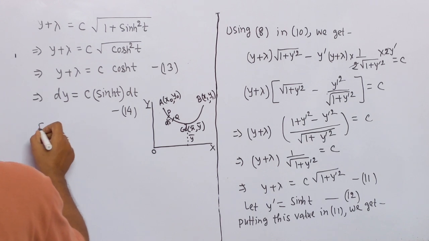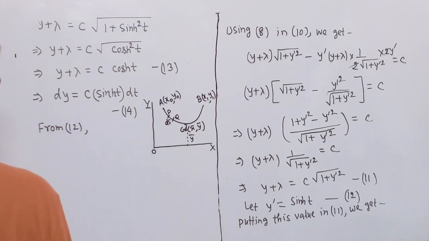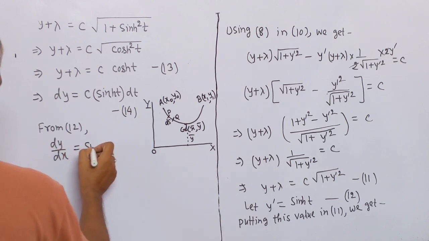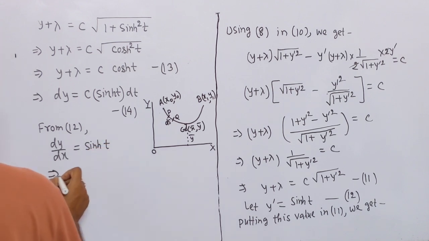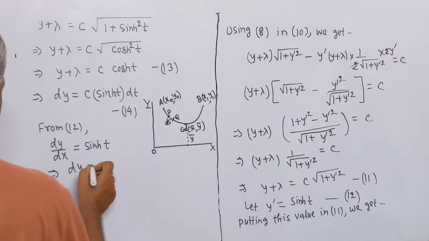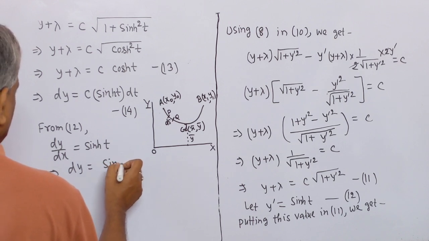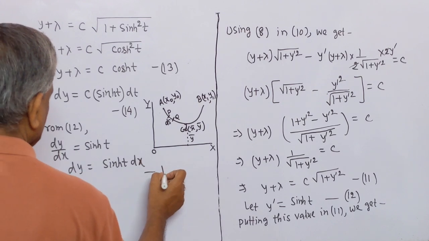From 12, dy by dx equal to sinh t, implies that dy equal to sinh t dx. This is number 15.